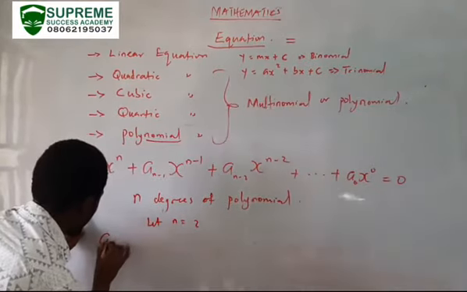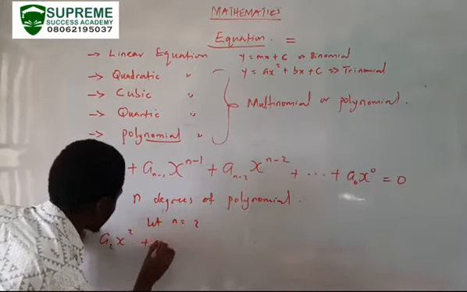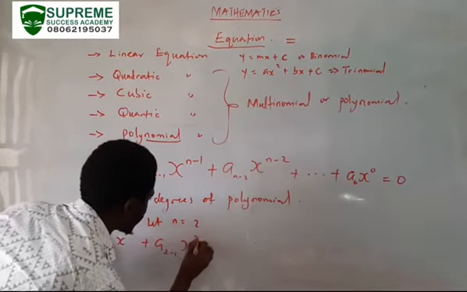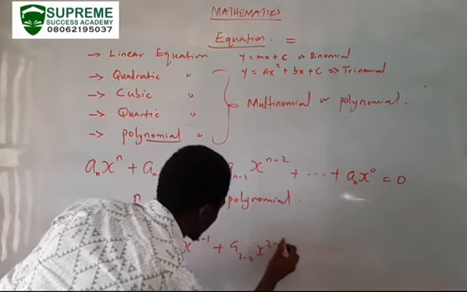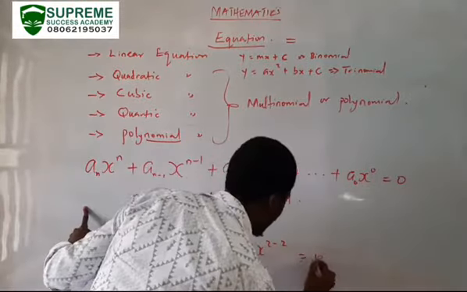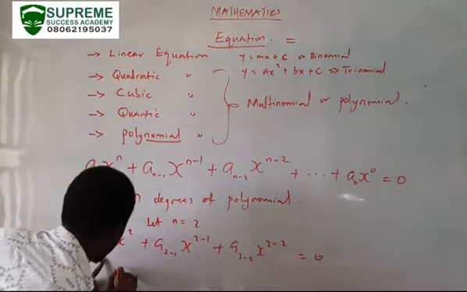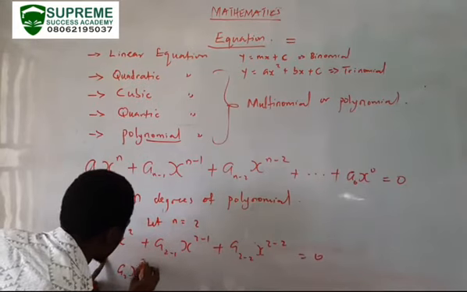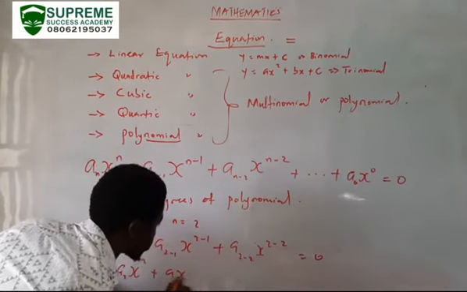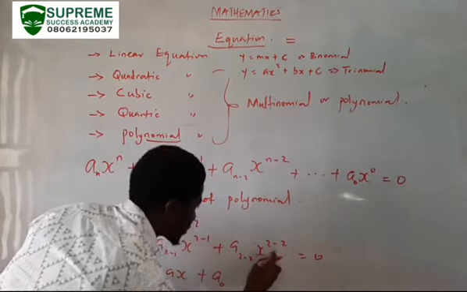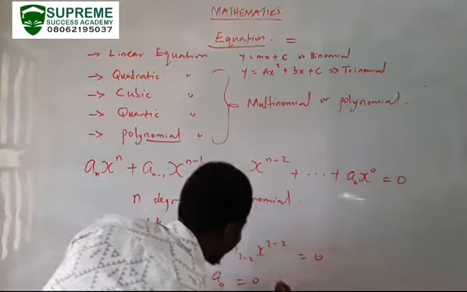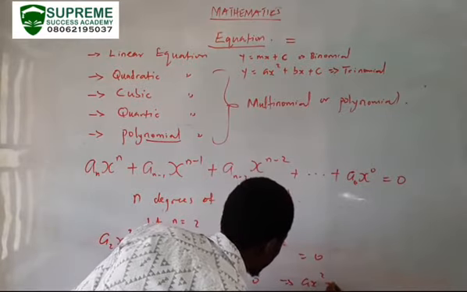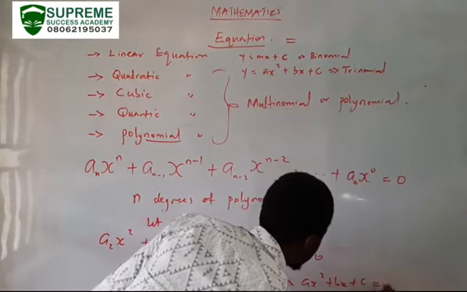So we can have a2 x squared plus a(2-1) x^(2-1) plus a(2-2) x^(2-2). We must stop there, equals 0. You can't have negative. So we can have a2 x squared plus a1 x^1 plus a0, because this one will be raised to power 0. Comparing this with the earlier form, we can have ax squared plus bx plus c equals 0.